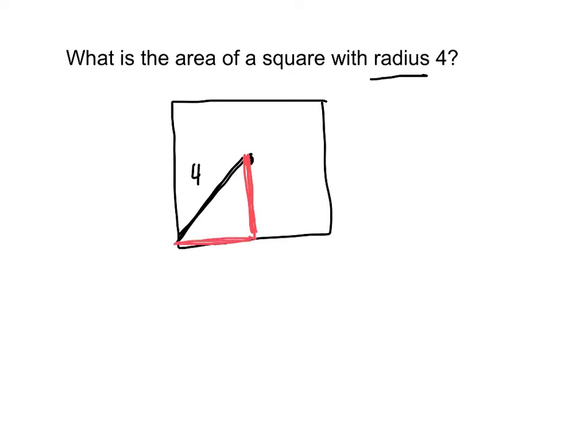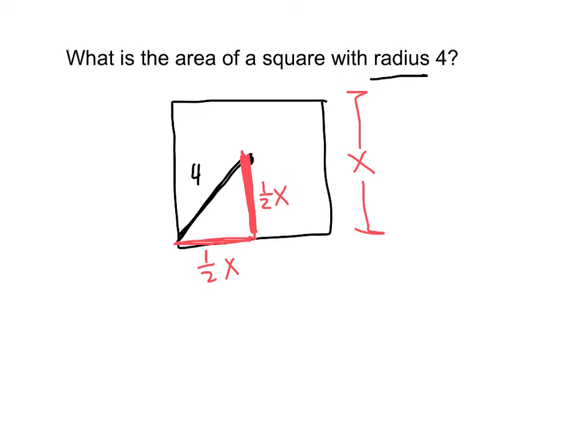The problem is that we don't know the actual side length of the square. But whatever that length x is, this first distance, the height of this triangle, is going to be half of x. Similarly, this other part will be half of x.